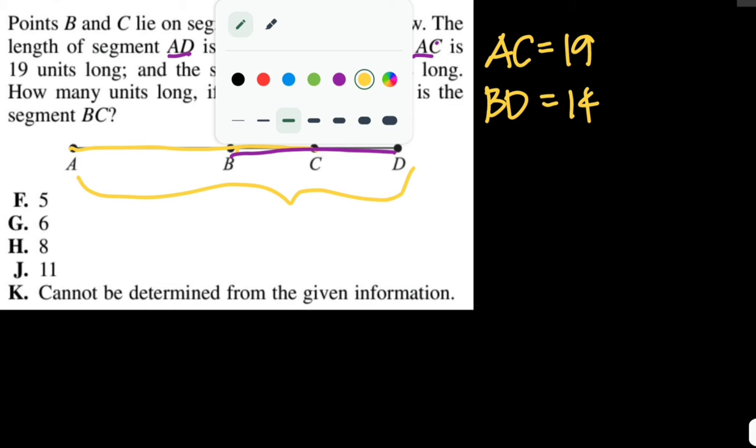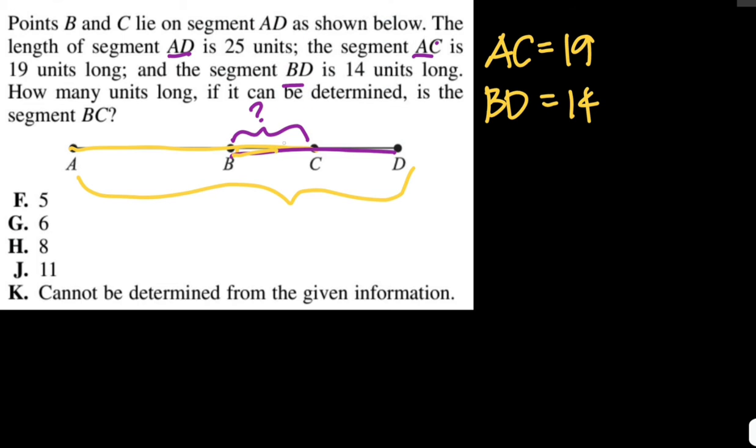Now when adding segment AC and BD, segment BC here, this one, is the intersection of segment AC and segment BD. Therefore, the sum of the lengths of AC and BD is just the same as the sum of the lengths of AD plus BC.